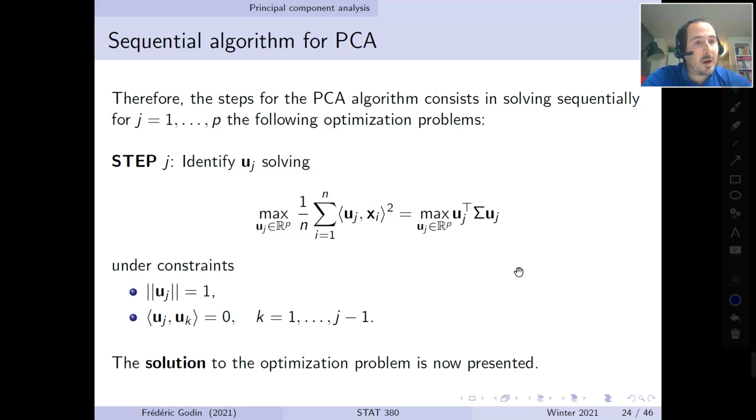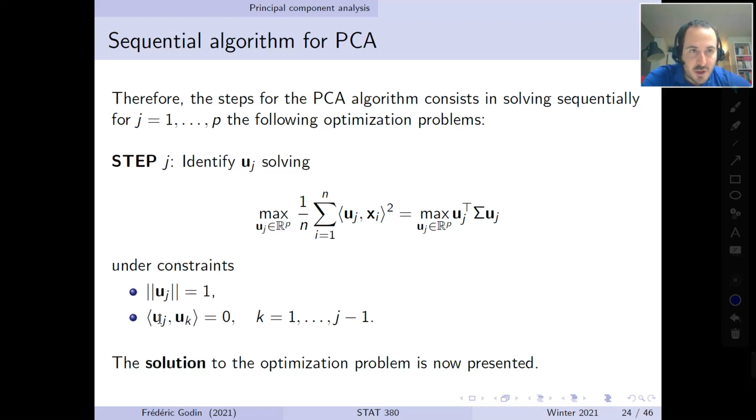We solve this, but it is not over yet. We have constraints on the u. The first is that u must be of unit norm, because we said we wanted to find an orthonormal basis. The second is the orthogonality condition, because we want to find an orthogonal basis.